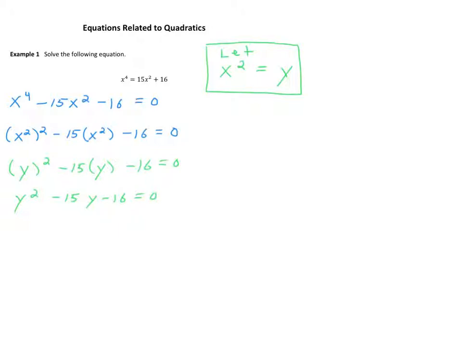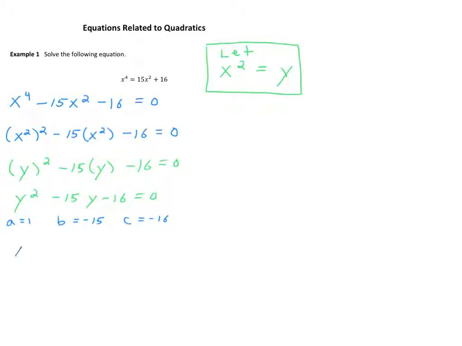Well, we could try to factor, we could try completing the square, but I'm going to directly go to using the quadratic formula, where a is equal to 1, b is equal to negative 15, and c is equal to negative 16. I'm going to take that information and plug it into the quadratic formula.